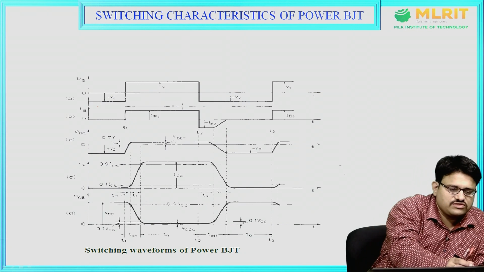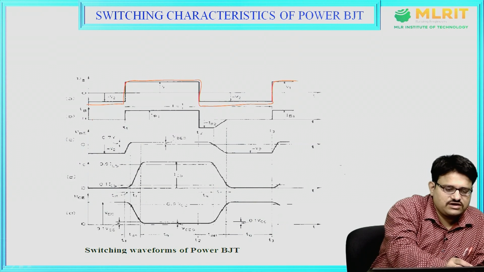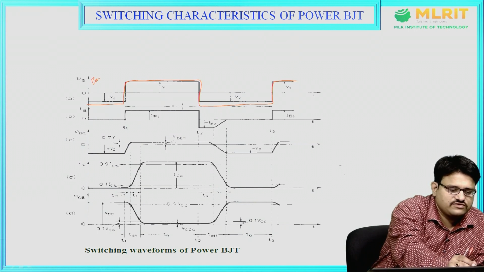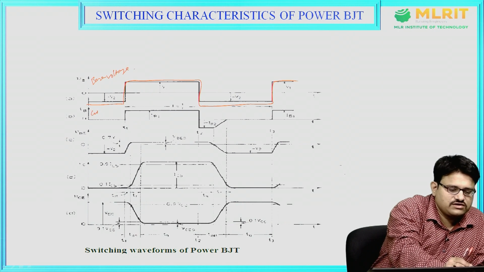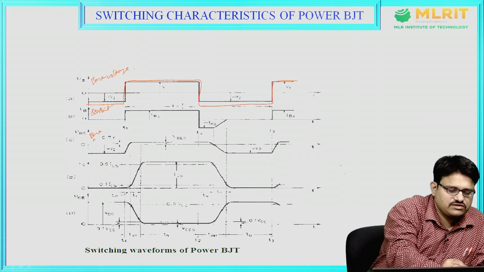Here as we see, the square waveform, the rectangular waveform, comes like this, and here this is the base voltage waveform, and this is the base current, and this is the base emitter voltage.